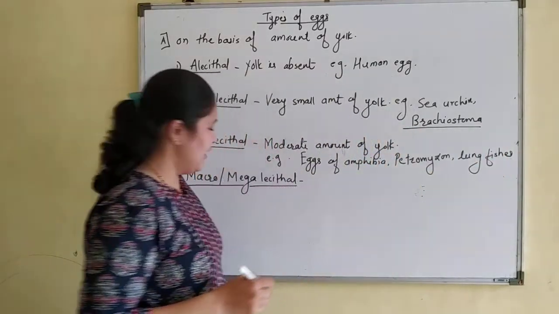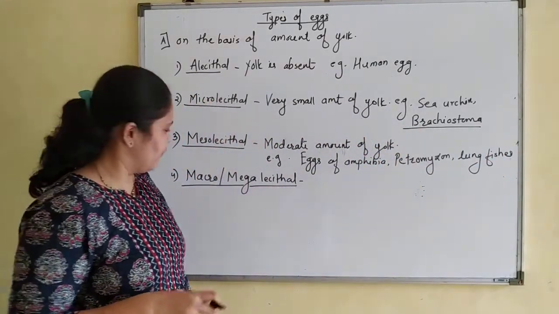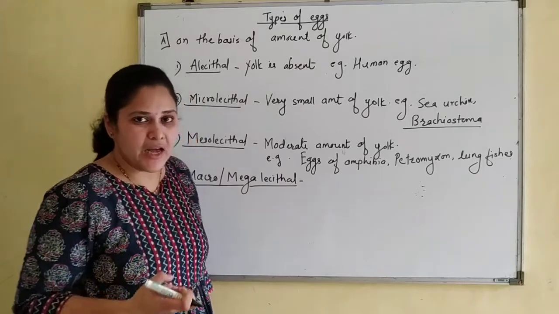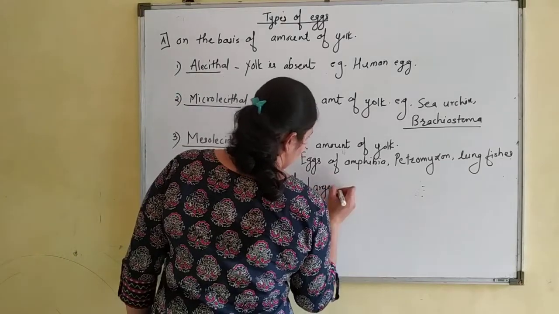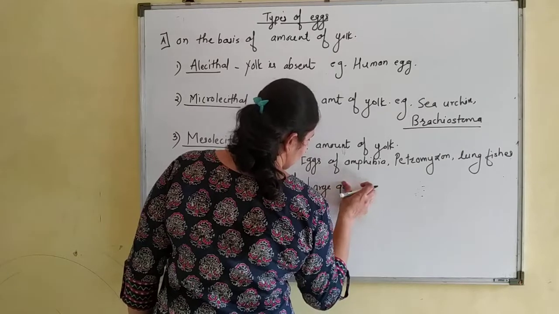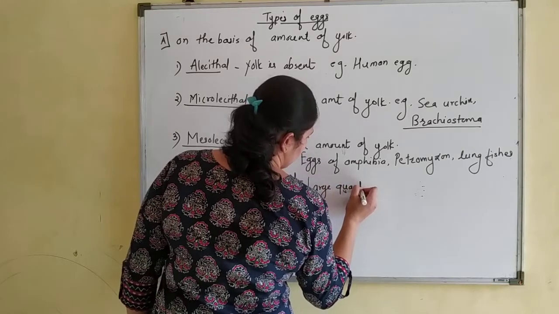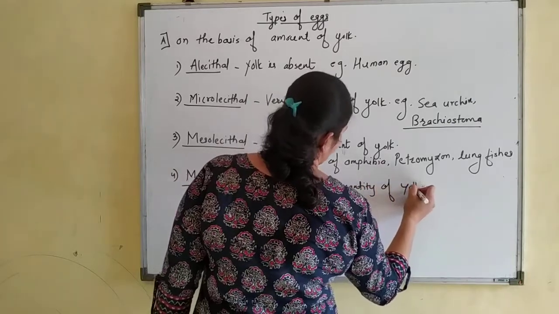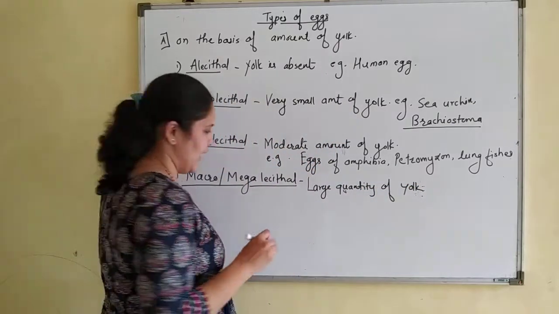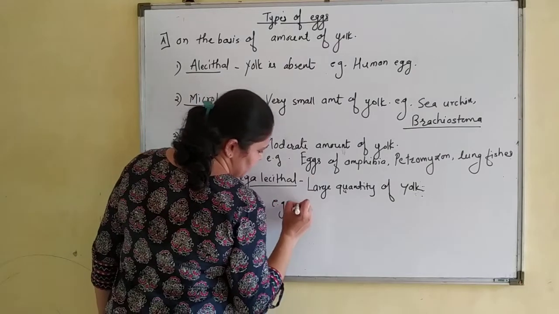And macro or megalecithal means a large quantity of yolk, as in the eggs of birds and reptiles.